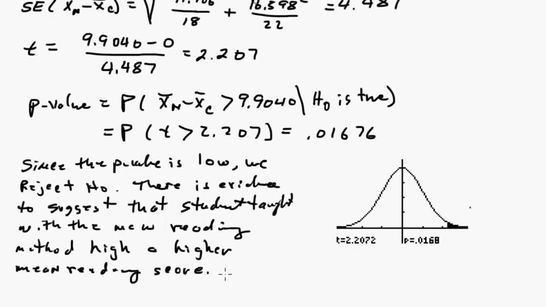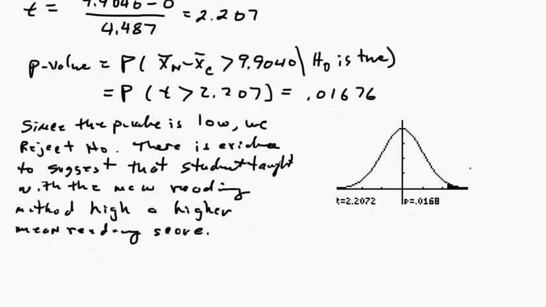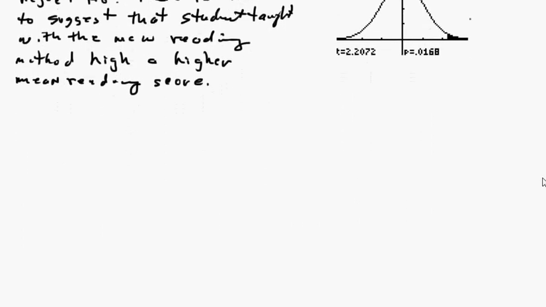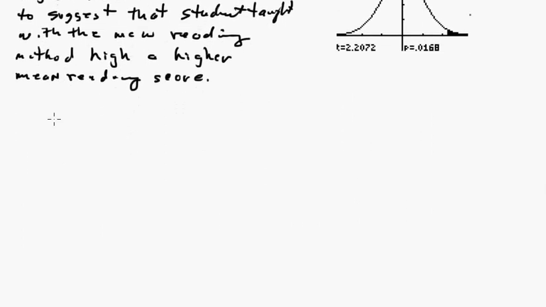Something to that effect. Okay, so the last thing is we want to compute a confidence interval. So let's see if we can do this. The conditions are already satisfied, so the conditions for the confidence interval are met.